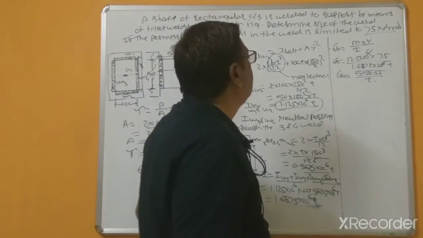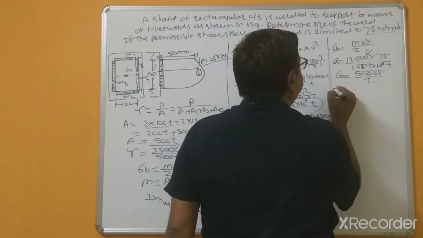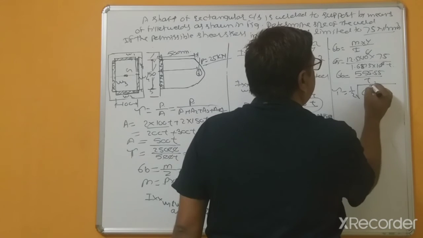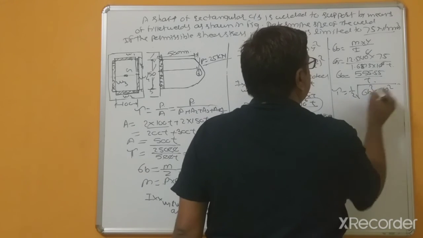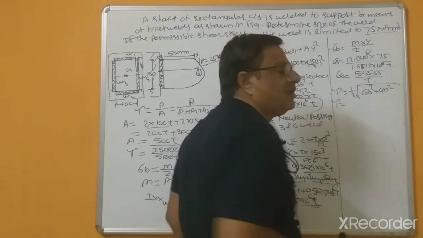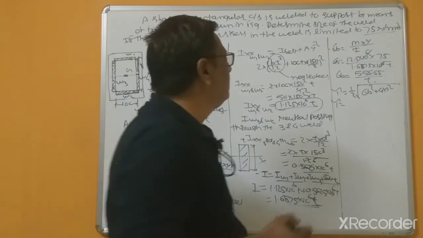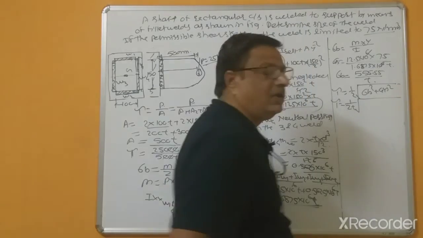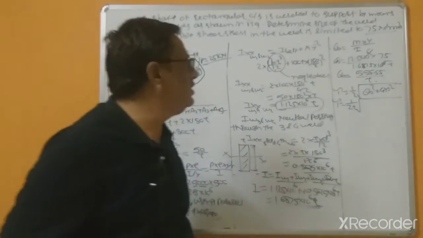Now, by using the formula tau equal to half into the square root of sigma b squared plus 4 tau squared. For this problem, I am directly taking 1 divided by 2t, since t is common.